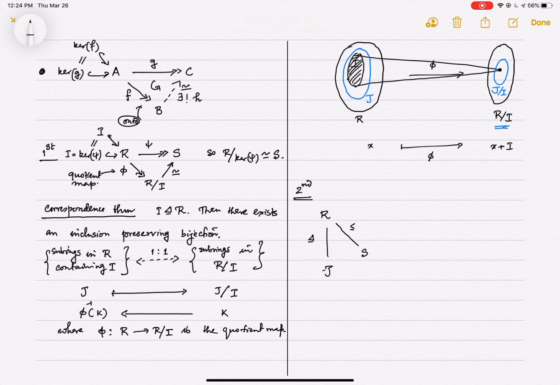You could consider the intersection. That's going to be in J, and it's also going to be an ideal in S. You can check that.